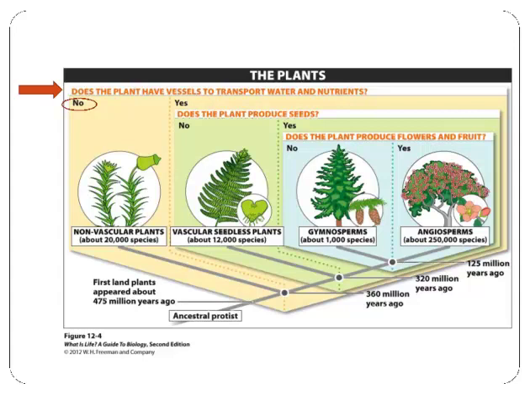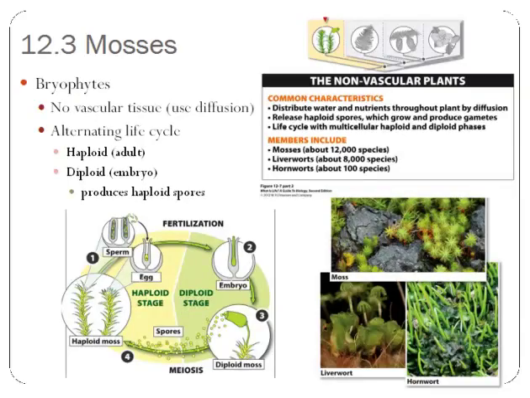Looking at this figure again, we'll start at the top. Does the plant have vessels or a vascular system to transport water and nutrients? The plants that don't are non-vascular, and there are about 20,000 species of those. They are bryophytes or mosses, kind of an interchangeable term there. Bryophytes have no vascular tissue. To get water and nutrients to all parts of their body, they use diffusion.